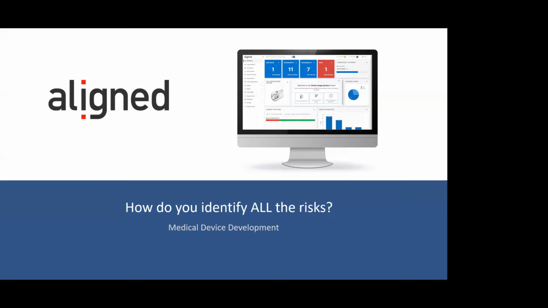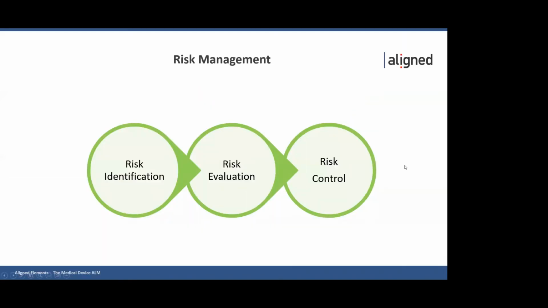What I'm going to talk about here today is this process of risk management or risk assessment being divided into several subsequent segments, starting out with risk identification, finding out what kind of potential risks are there, then evaluating them, how bad are they, and then, of course, going into the control of those risks.